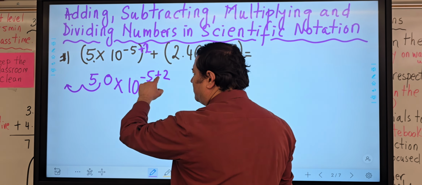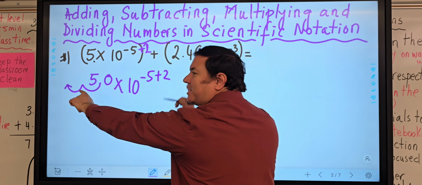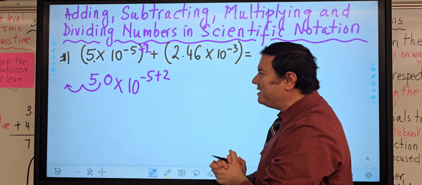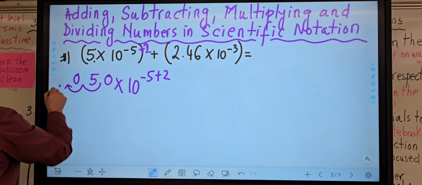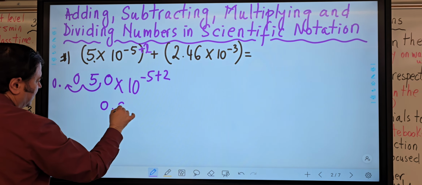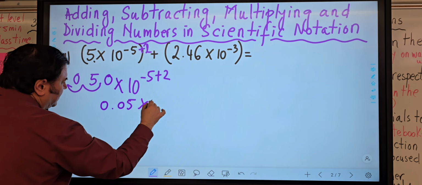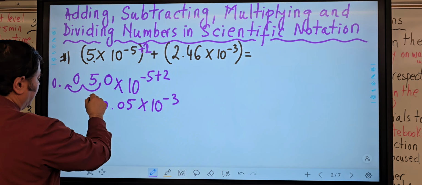Each place we add a 1. Remember, as the number decreases, the exponent increases. So let's see what we get. This becomes 0.05 times 10 to the negative 3, right? We change that into this now.